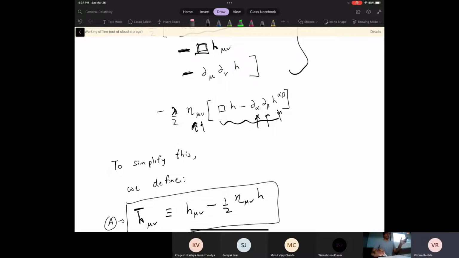So you have to be careful with this step, otherwise you'll get completely confused. Always remember that dummy indices you can always change, but don't use the same letter for a dummy index as you're using for a free index, because this index is not summed, this index is summed. If you remember this one detail, you will avoid many of the pitfalls with index notation.